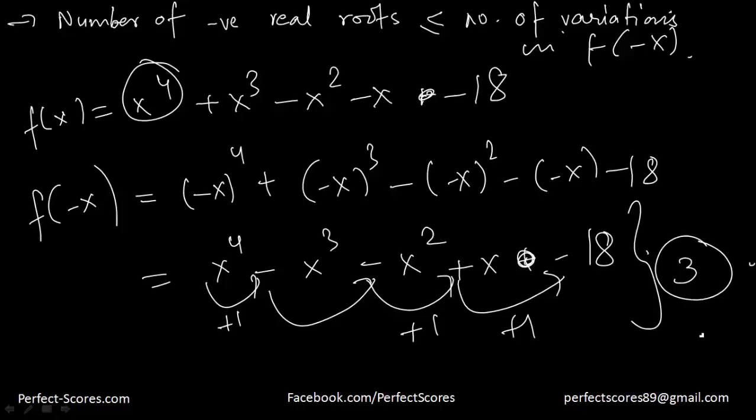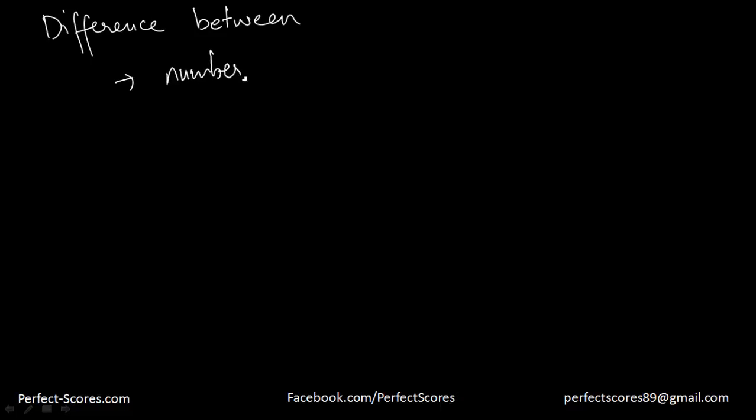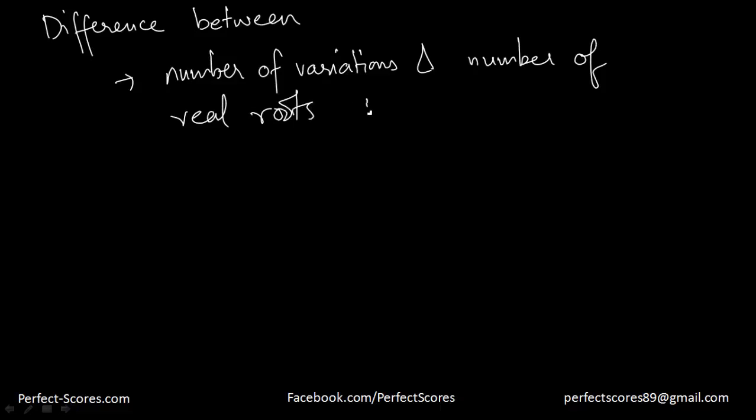Now another thing that the rule of signs states is that the difference between the number of variations and the number of real roots is always going to be an even integer, an even number.